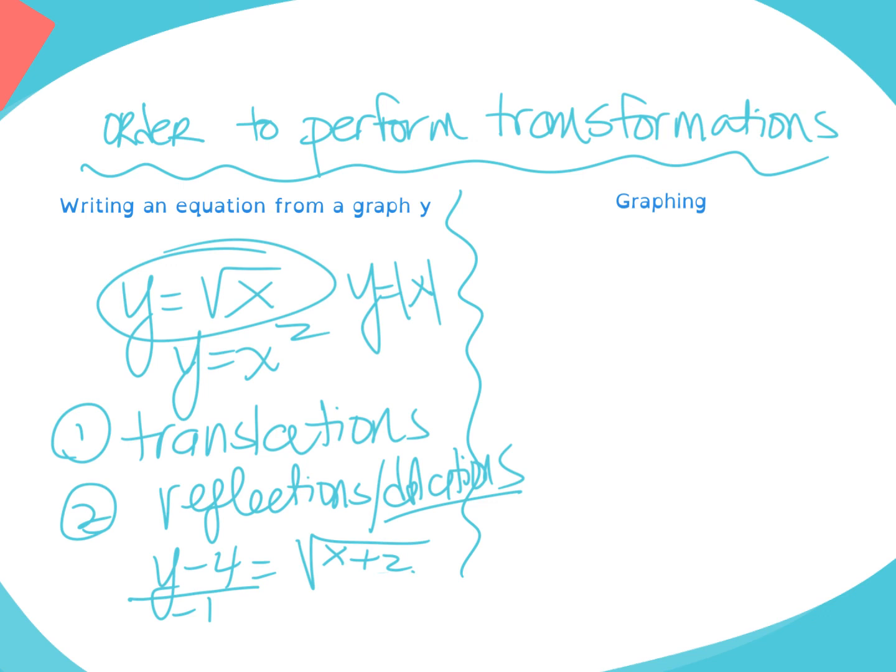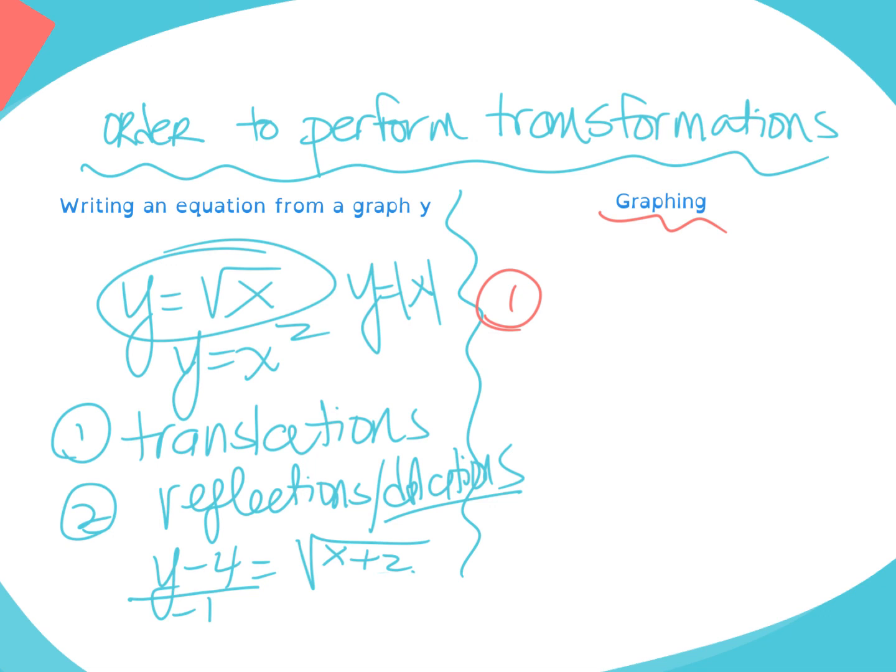Now we talked about that in the slide before. When you are graphing now, it's different. You're supposed to be, again, identifying your parent function, identify where it goes, what's my original key points of that parent function.